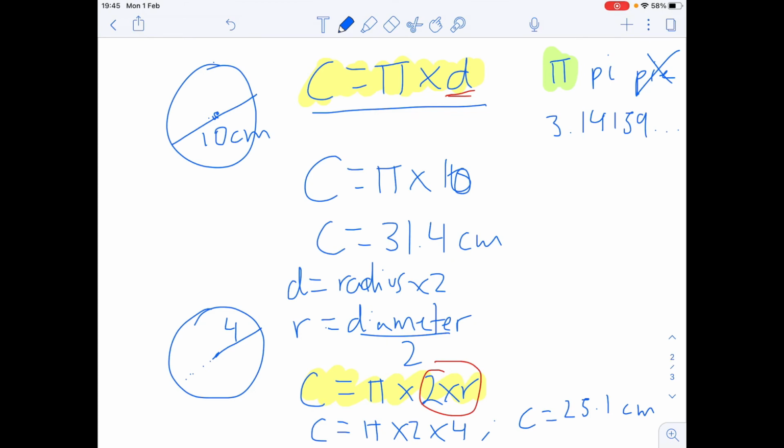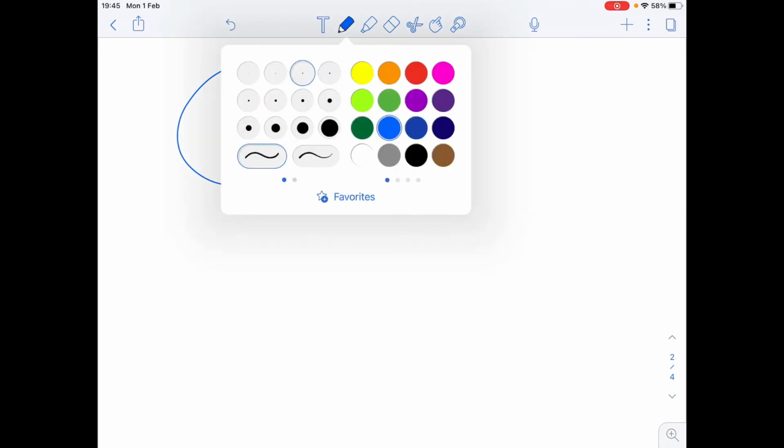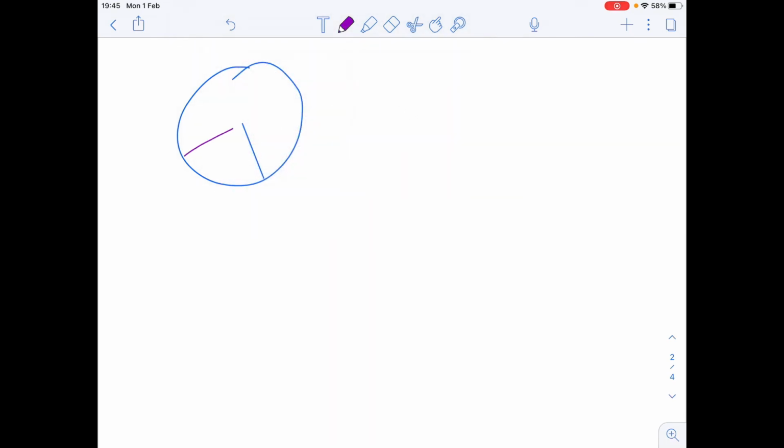So, to summarize everything we've done today, circumference is a fancy word for perimeter. That's right. We've learned that that line there is called the radius. That's right. And we've learned that that line there is called the diameter. That's right.